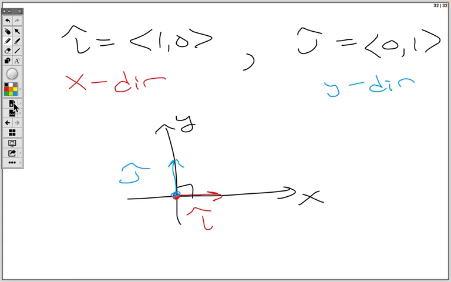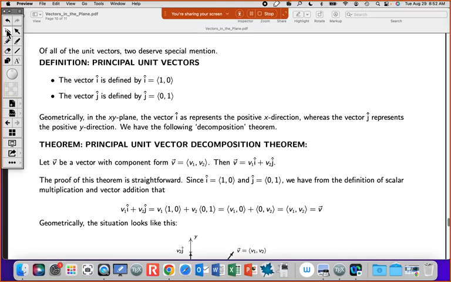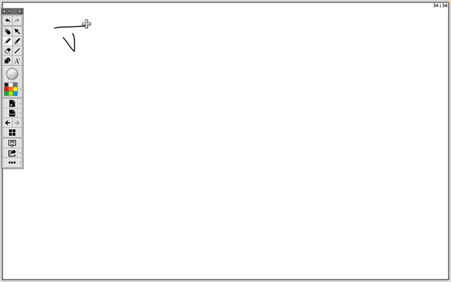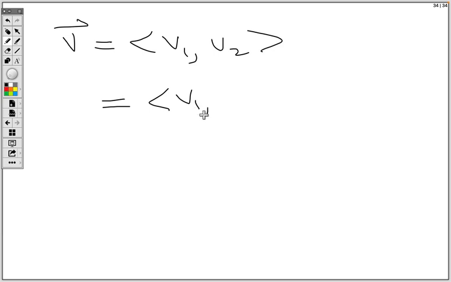And so we have this decomposition theorem, which doesn't seem like a big deal right now. But we're going to generalize this decomposition theorem later in the week. So if you think of v, the way we write it in components as v1, comma v2, the v1, remember, that's your x direction, v2 is your y direction. So you can write this as v1, comma 0 plus 0, comma v2. So you're going right, then you're going up.